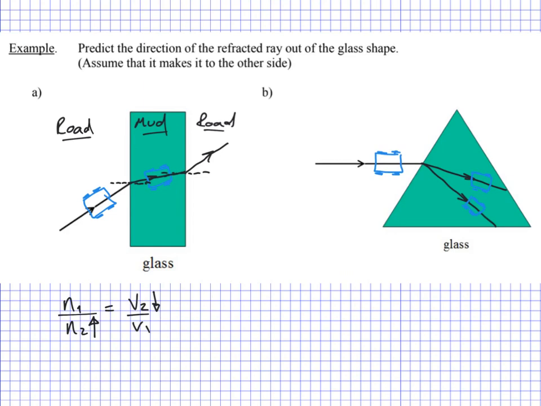So the left side of the car is going to speed up, which means it's going to once again turn to the right. So this ray is going to continue getting bent that way. Okay. Same for the other truck, the other possible scenario. This guy over here, oh actually no, it's the other way around. This one down the bottom, the right front wheel is going to speed up first. So in the bottom example, it's going to go this way. The right side hits the road first and therefore speeds up first.